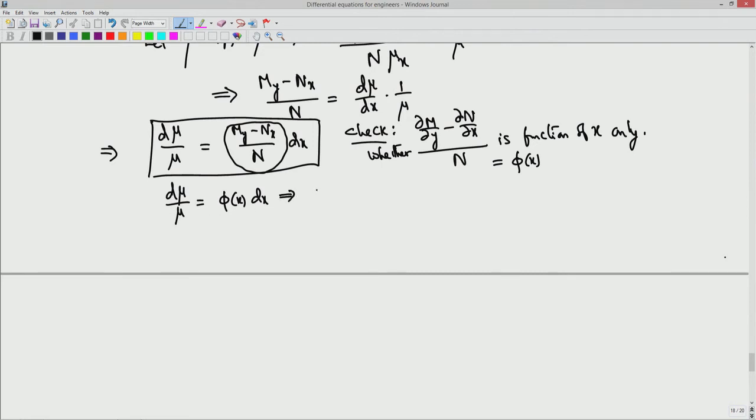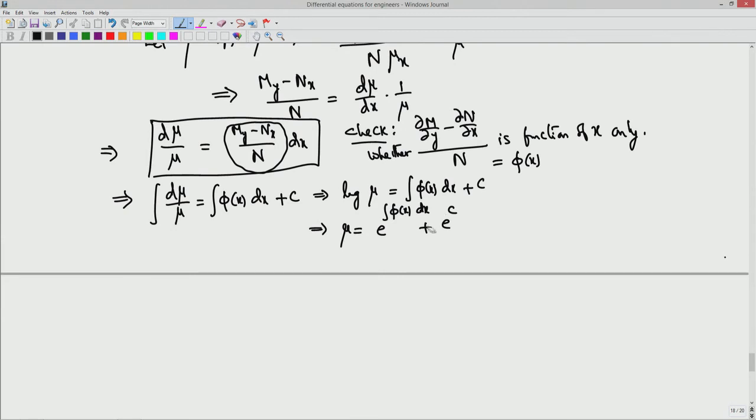If I integrate both sides, with c the integration constant, that gives log mu equal to integral phi(x) dx plus c. Since we do not know exactly what phi is, this gives the form of mu: mu equal to exponential of integral phi(x) dx times e power c.